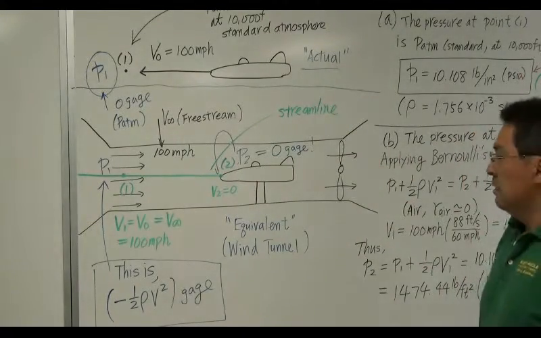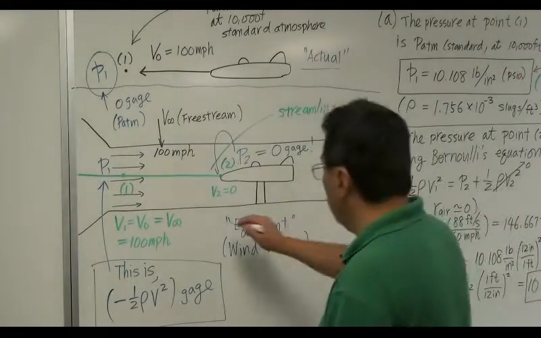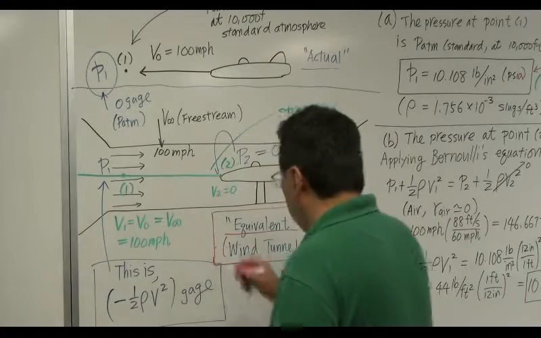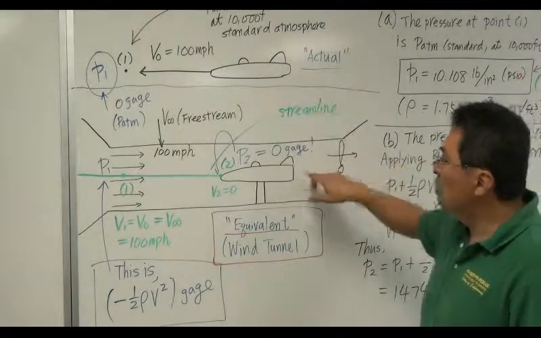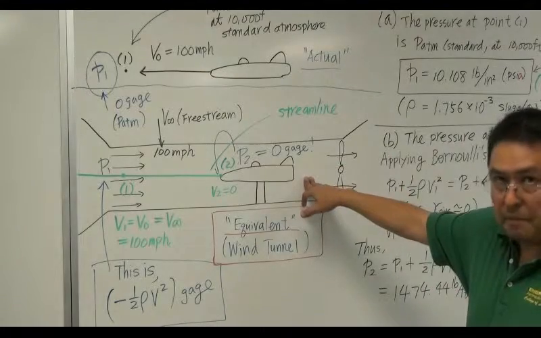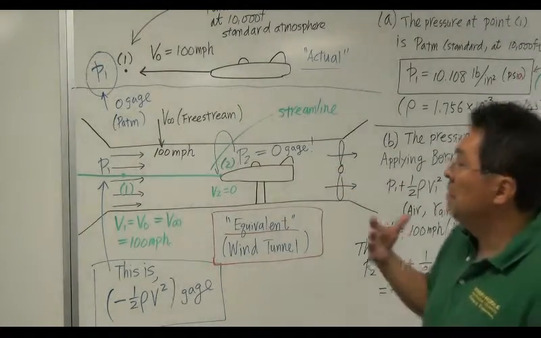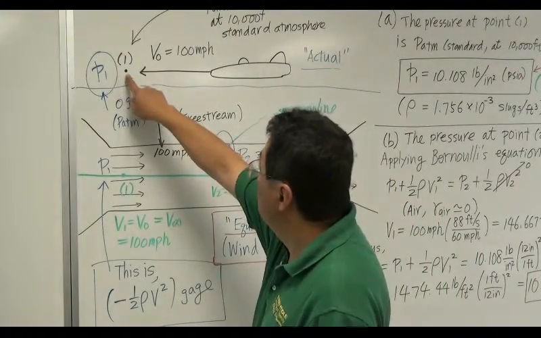Okay? So that's why the wind tunnel is not exactly the same thing, it's just equivalent. The airplane is tested under a much lower pressure environment. That's what the wind tunnel really is. So the proper look at this problem is, at location 1, this is 0 gauge.